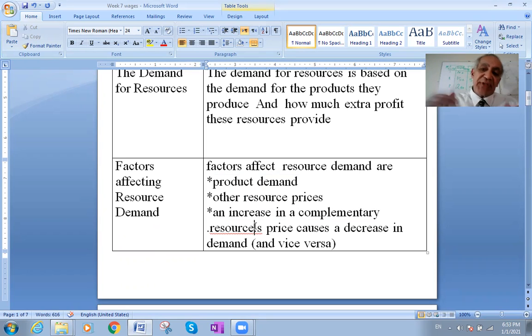So if the alternate price increased, then the buyers will tend to buy from you because you will be at the cheaper price. If the other alternates' price goes down, people will leave you and go and buy from the lower price. That's what we said. So the alternate prices.